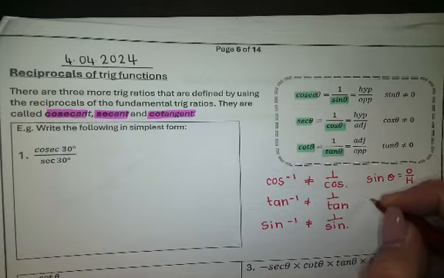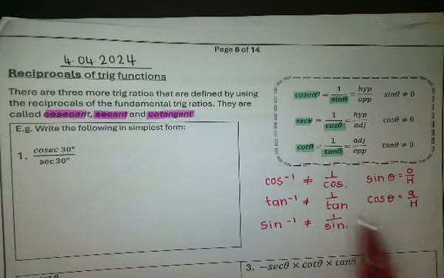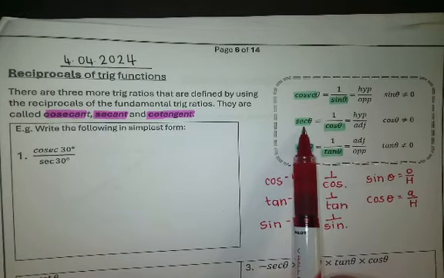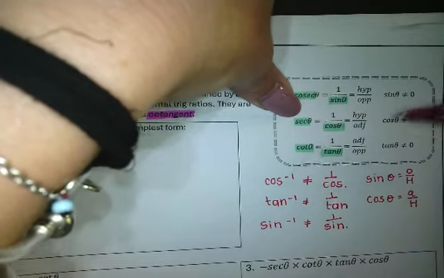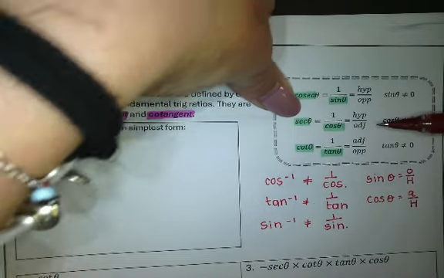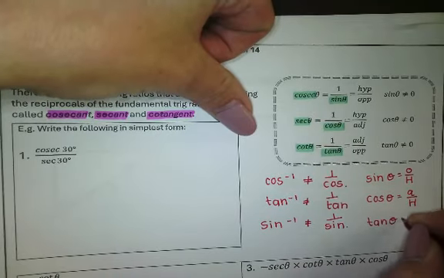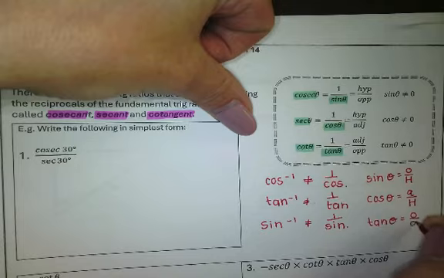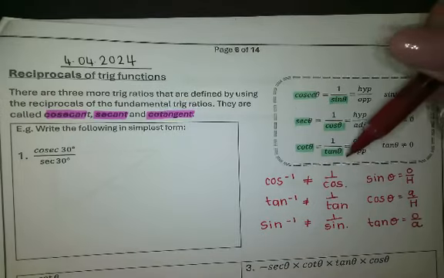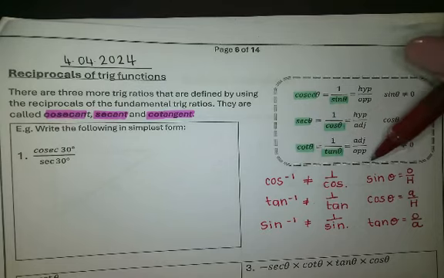If we look at cos theta, cackle and hop, cos's reciprocal is sec, and normally cos is adjacent over hypotenuse, but it changes to hypotenuse over adjacent. Are you with me? Then tan theta, the reciprocal of tan is cot, and that's swapped around, adjacent over opposite.